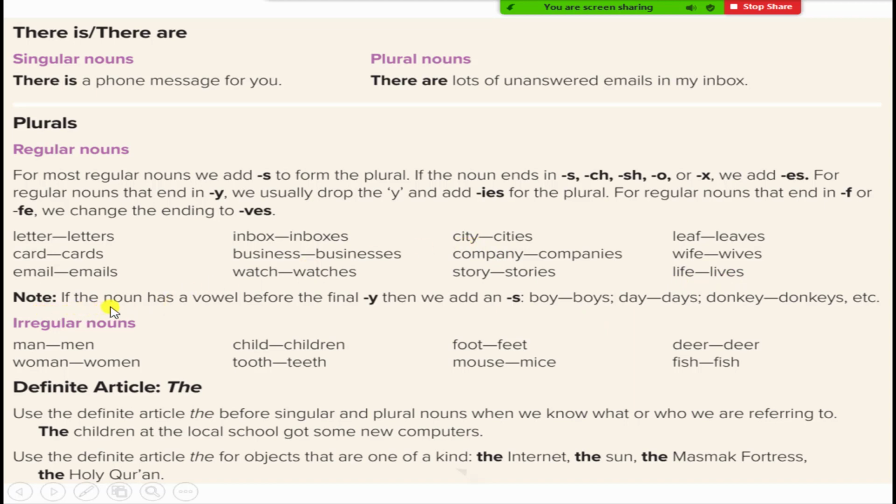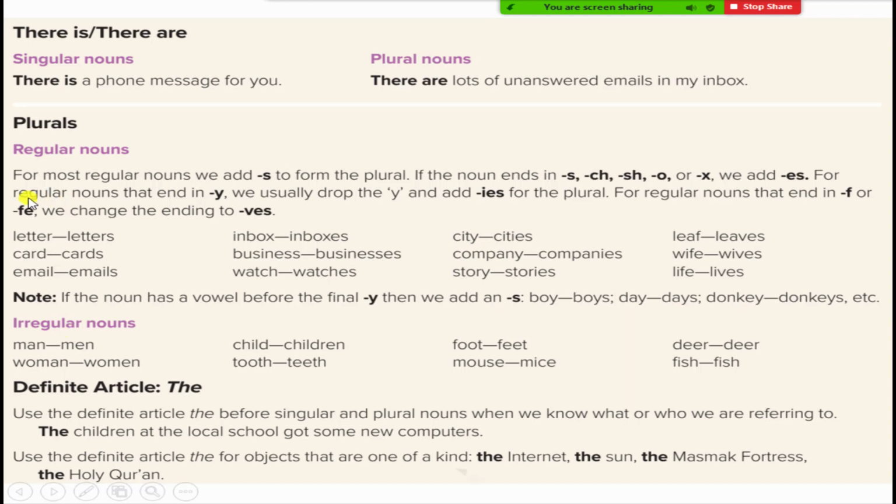Note here, if the noun has a vowel before the final y, then we add an s, like boy, boys, day, days, donkey, donkeys. If the y is preceded by a vowel, which are A, E, I, O, U, in this case we add s, not ies. So ies requires a consonant before the y.